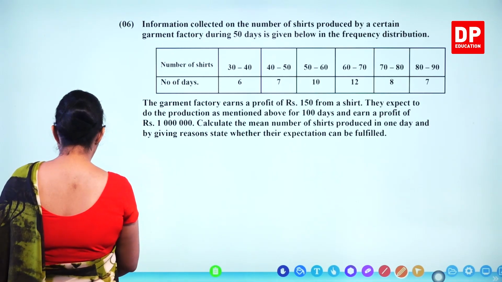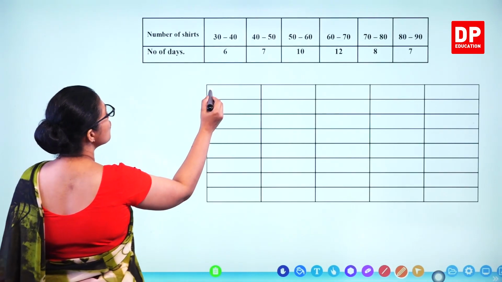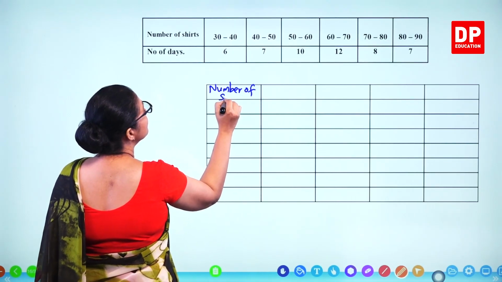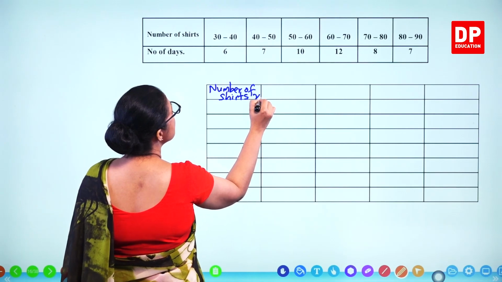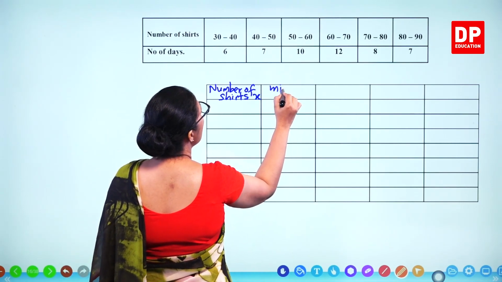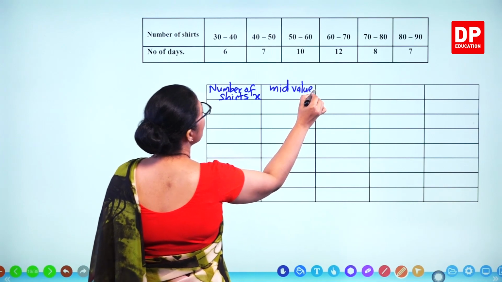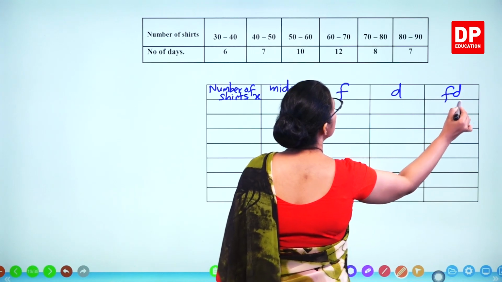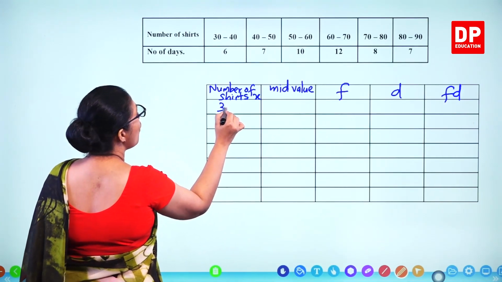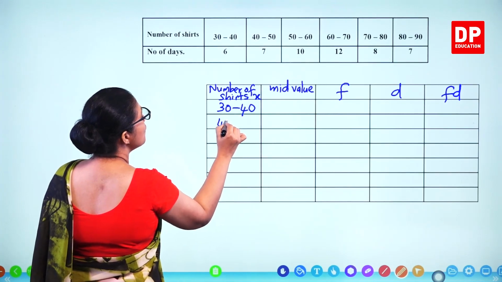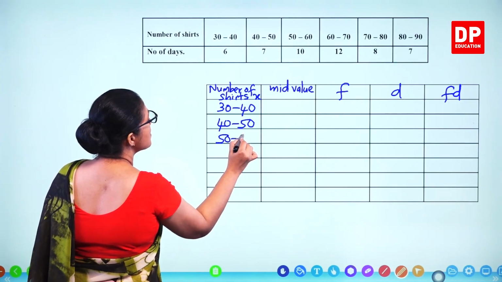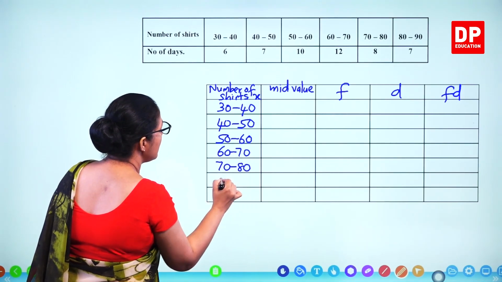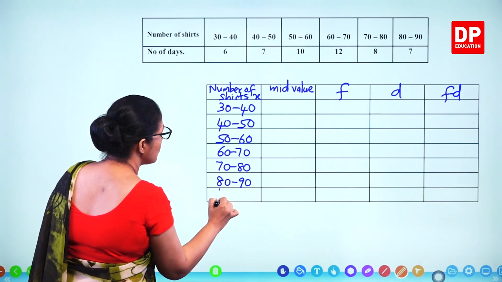Let's do that. Calculating mean. So number of shirts, that's x, and we need the mid value. Frequency, we'll take deviation and fd. 30 to 40, 40 to 50, 50 to 60, 60 to 70, 70 to 80, and 80 to 90, the total.